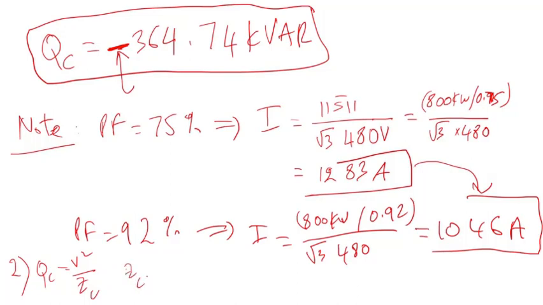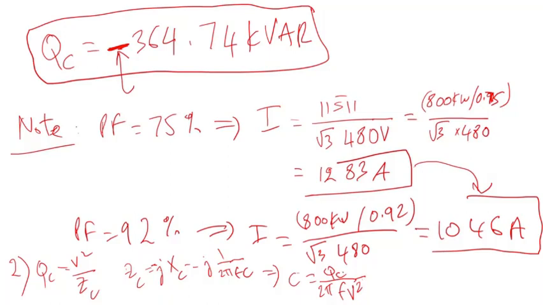And note, the impedance of the capacitor is minus j times reactance, which is minus j times 1 over 2 pi f times C. So if you rearrange, you will get C is equal to QC, the reactive power of the capacitor that I calculated, 364.74 kilovar, divided by 2 pi times the frequency times the line-to-line voltage squared.